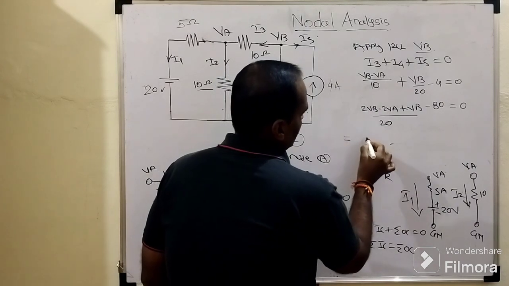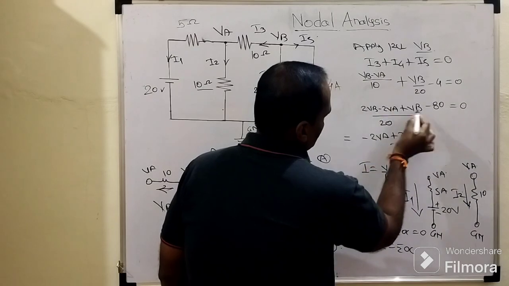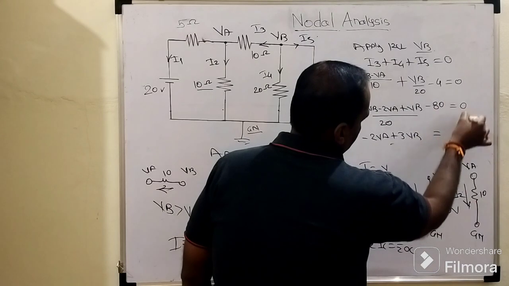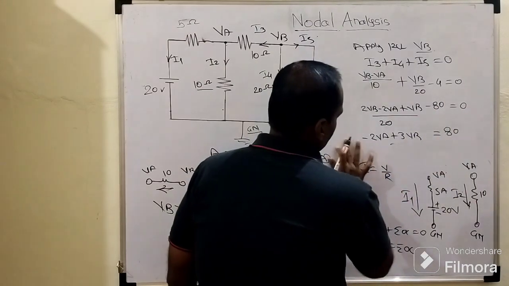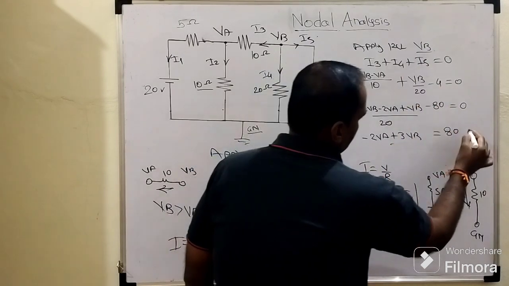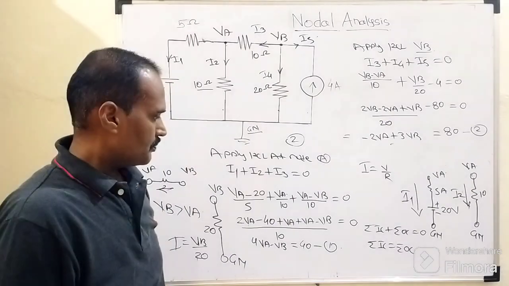So this equation will become minus 2VA plus 2VB plus VB, 3VB. This minus 80 is being shifted to the right hand side, so it will become plus 80, right? Meanwhile this 20 is multiplied with this 0, so it will become 0. So this is your equation number 2.